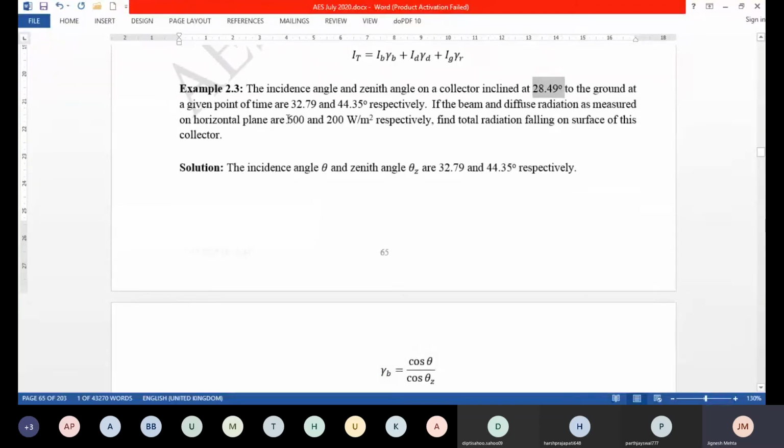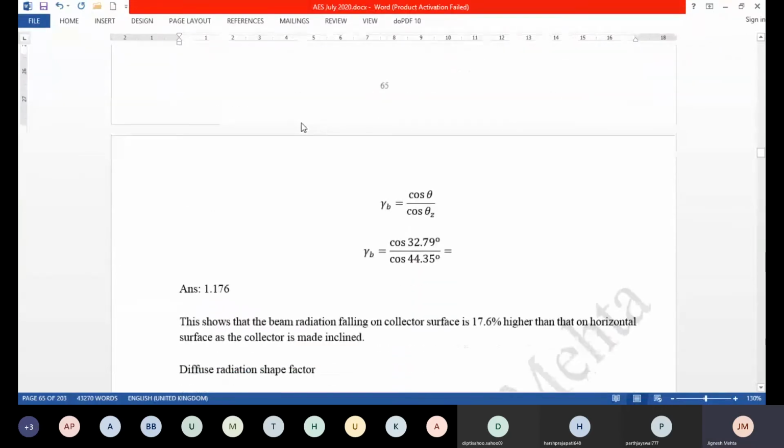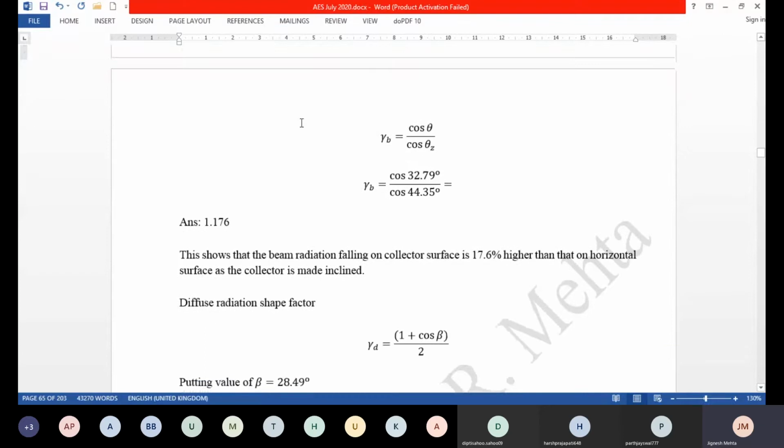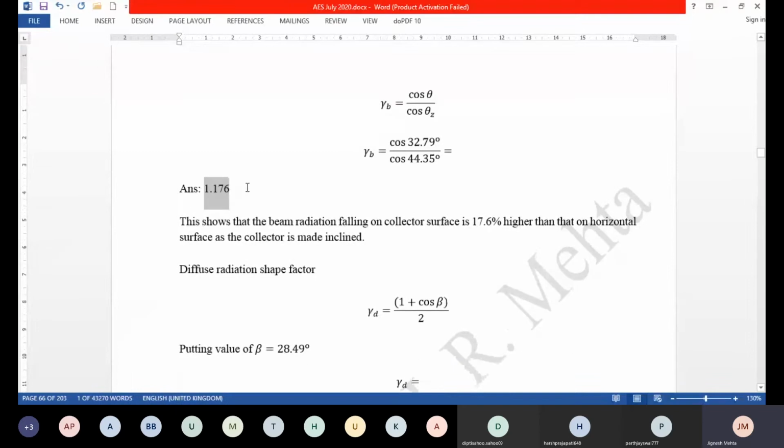Beam radiation normally is higher, right? Unless it is too dusty or cloudy, a beam radiation component would always be higher, and you are enhancing that higher value. So it's generally important to keep the collector inclined at such an angle so that you get a good amount of enhancement of beam radiation. So as you can see, it has been enhanced.